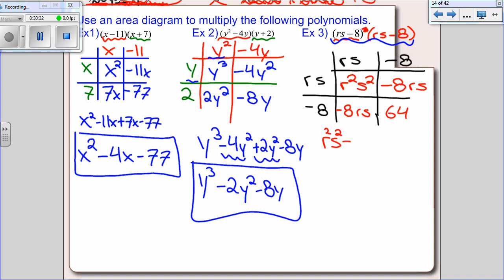So I have an r squared s squared. I don't have that anywhere else. But I do have an rs right here and an rs right there. And those ones can be combined. My answer would be r squared s squared minus 16rs plus 16. That would be my final answer.